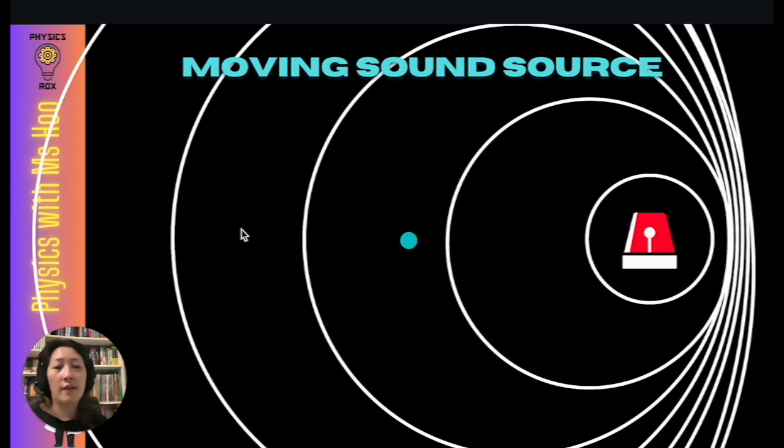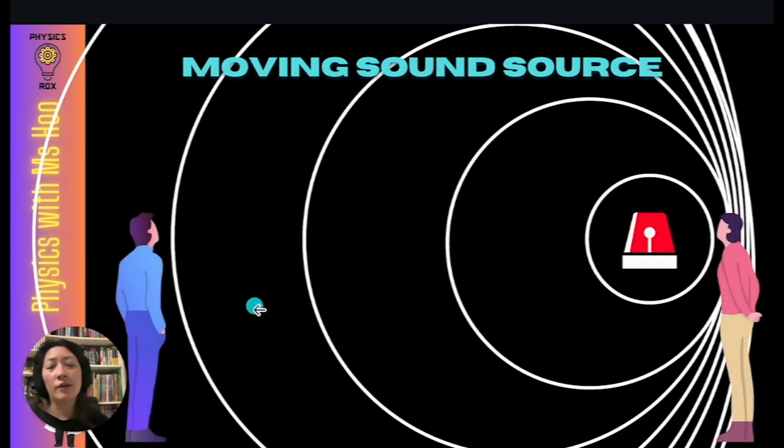As a result, you'll find that the wavelengths are much larger at the area where the sound source has just left, and the wavelengths are much shorter where the sound source is approaching. Or in other words, the frequency of the sound wave which the sound source is moving from is much lower, while the frequency of the sound waves where the sound source is approaching is much higher.